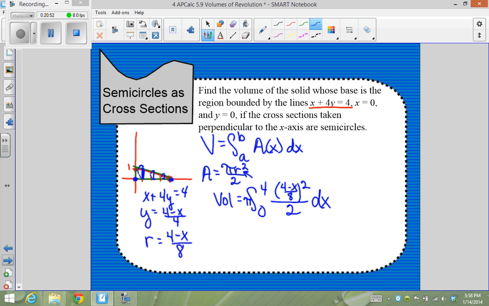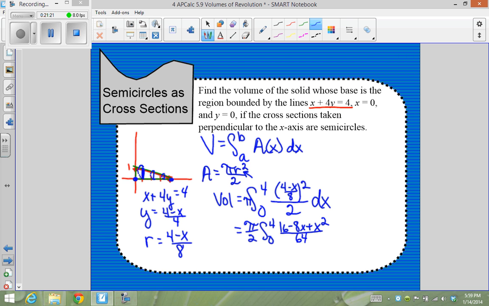So then that's going to give me pi over 2 integral from 0 to 4. And you want to FOIL this out so that you have 16 minus 8x plus x squared all over 64.